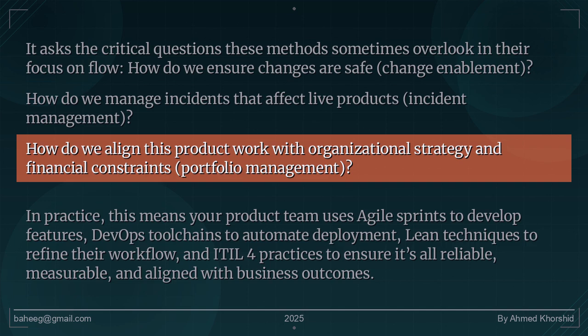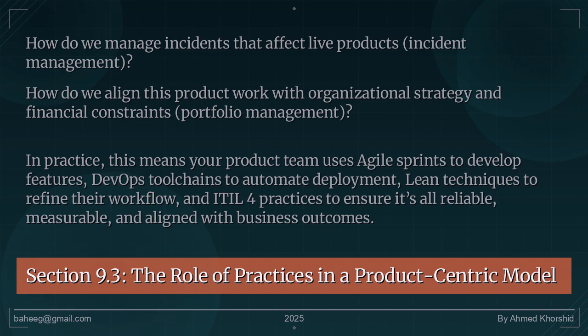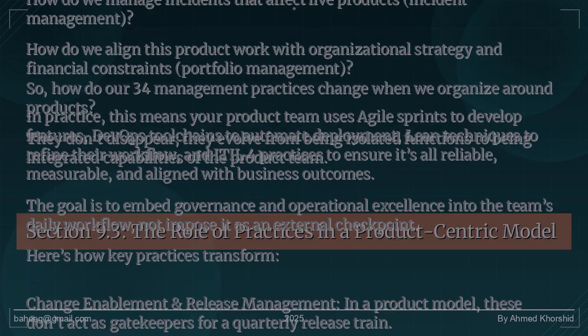Portfolio management. In practice, this means your product team uses agile sprints to develop features, DevOps toolchains to automate deployment, lean techniques to refine their workflow, and ITIL 4 practices to ensure it's all reliable, measurable, and aligned with business outcomes. Section 9.3. The role of practices in a product-centric model.